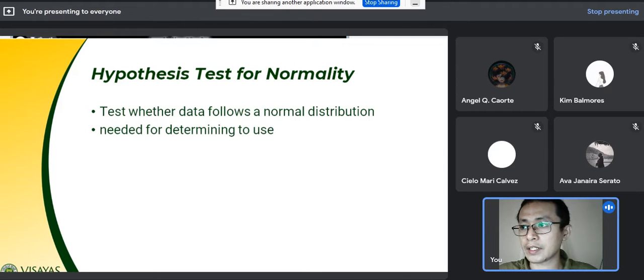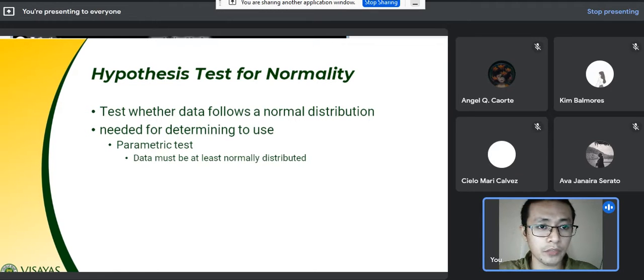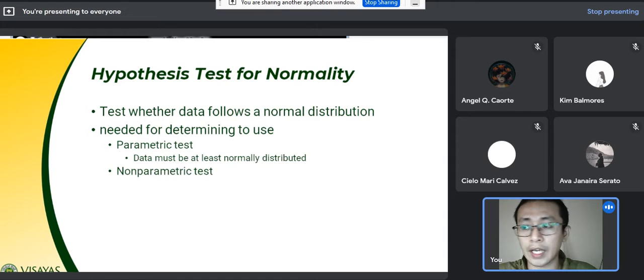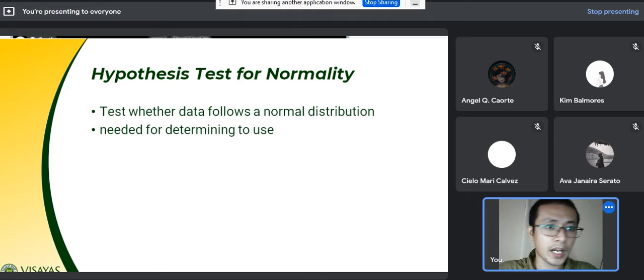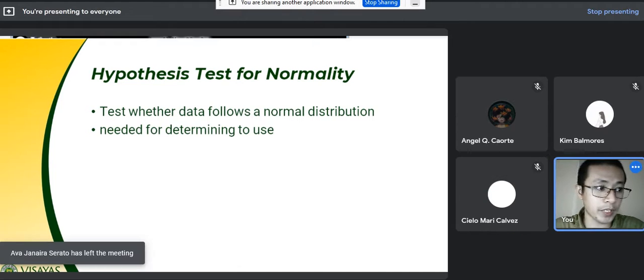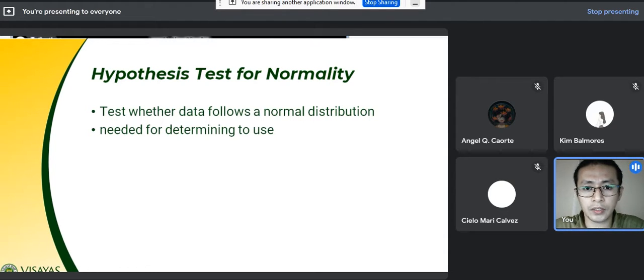Okay, so again, this tool is necessary for us to identify whether we are going to go with a parametric test or a non-parametric test. The test for normality, class, is a prerequisite for us to identify the appropriate statistical tool to use.